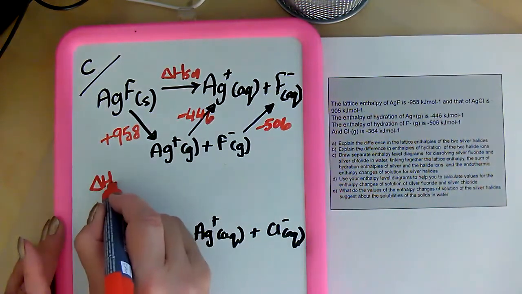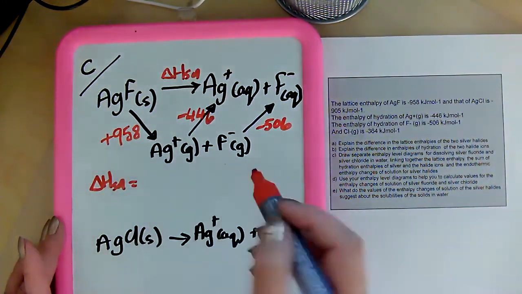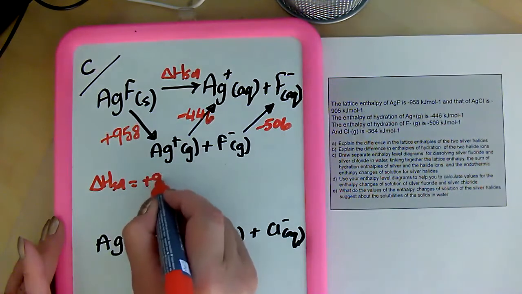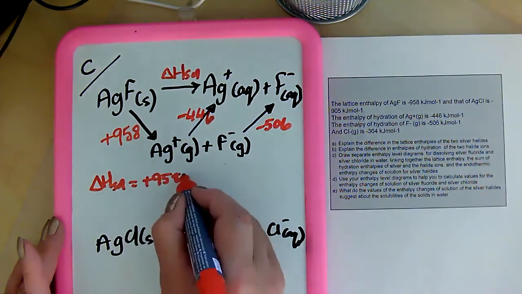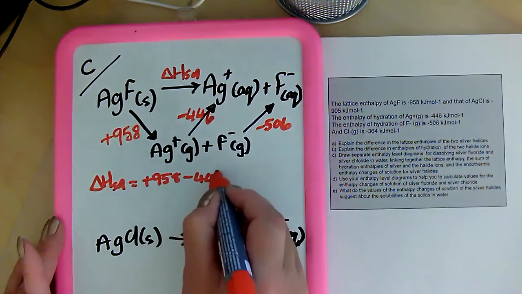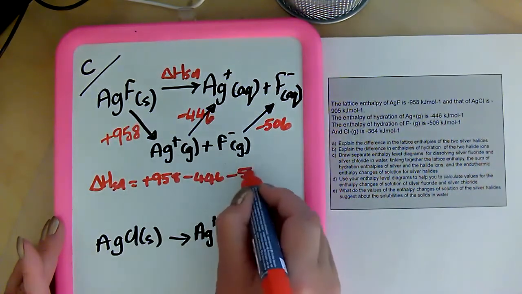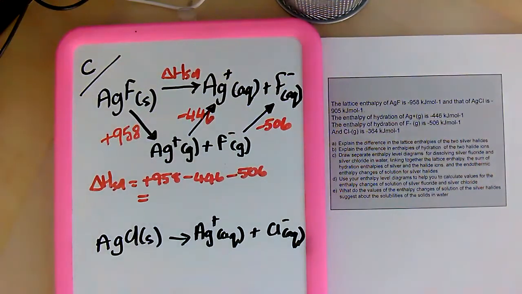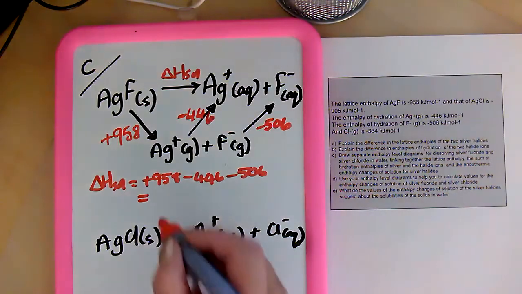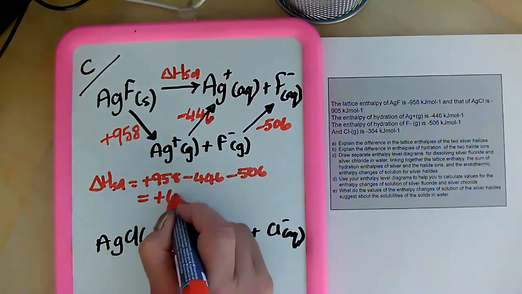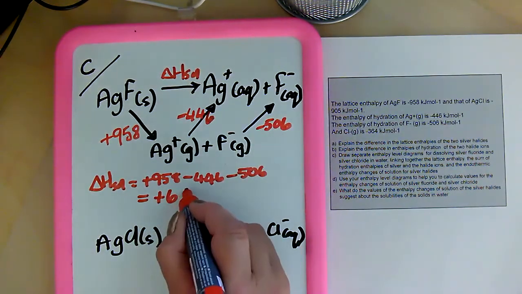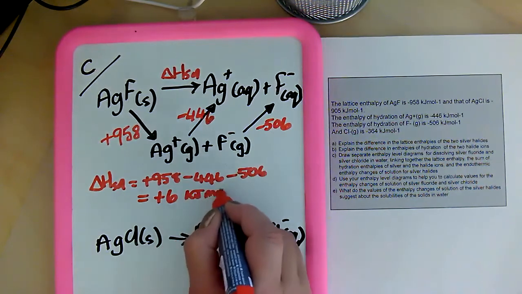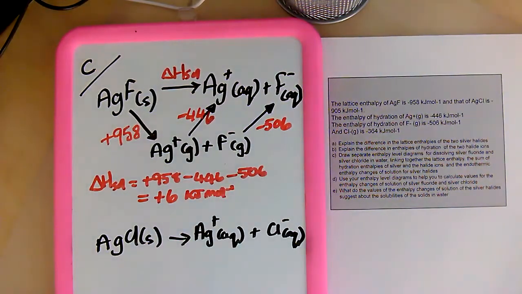So the enthalpy of solution is equal to plus 958 minus 446 minus 506, and when we do that calculation, that would come to plus 6 kilojoules per mole. That's what we've been working with.